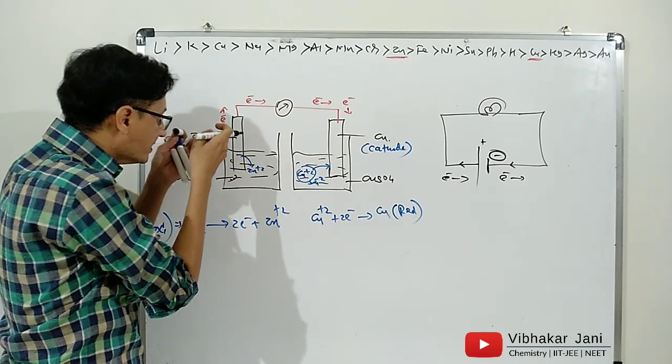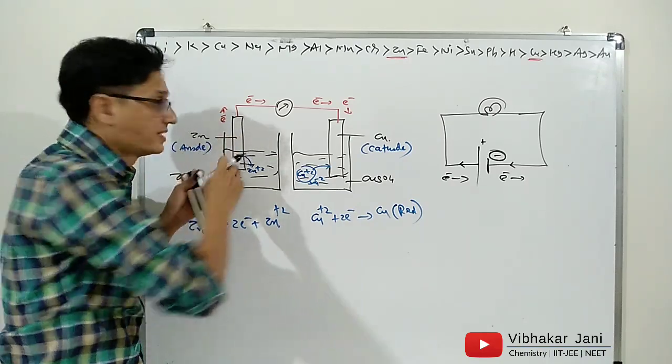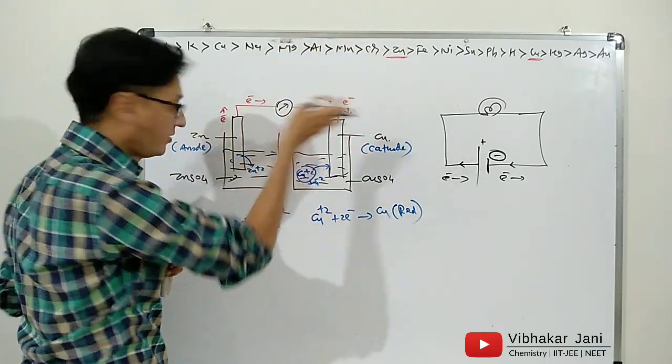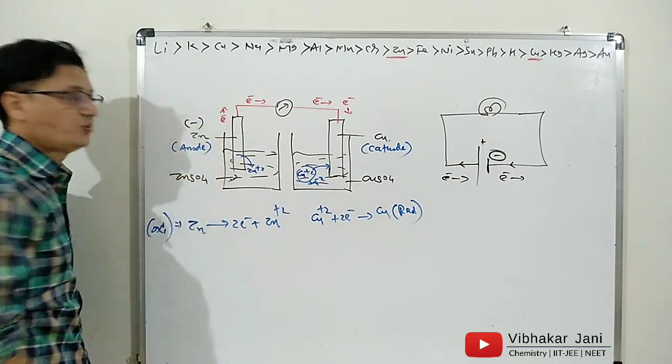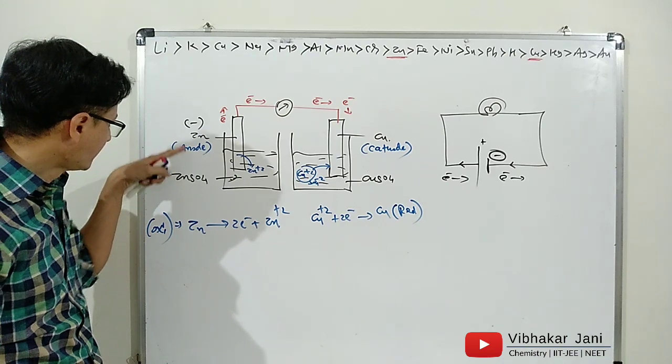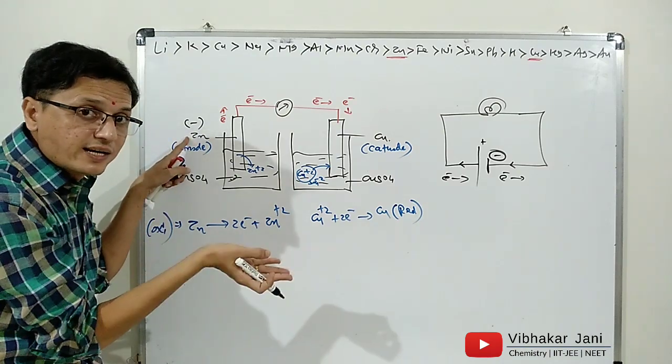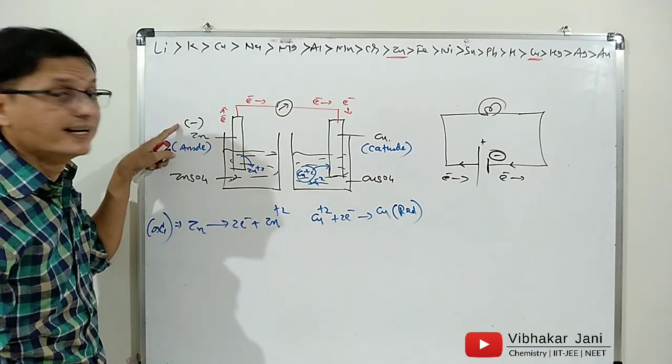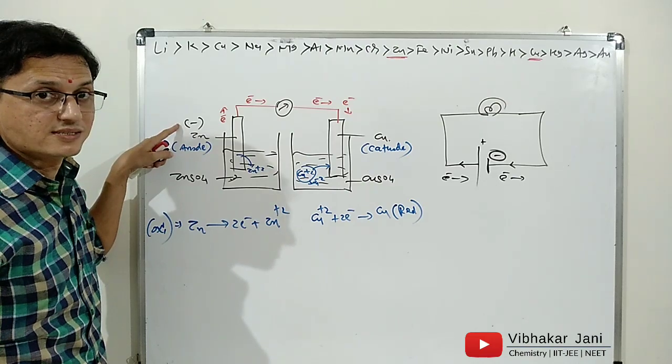So here the electrode zinc, from which electrons are coming out, is therefore considered the negative pole. Now look at this carefully. The anode, that is zinc, releases electrons, therefore it is negatively charged.